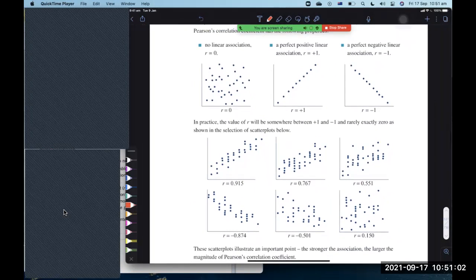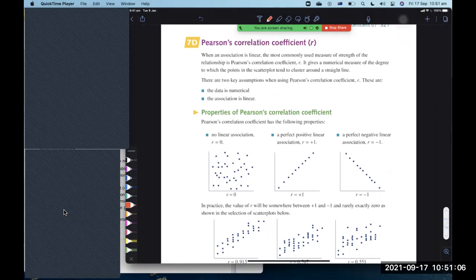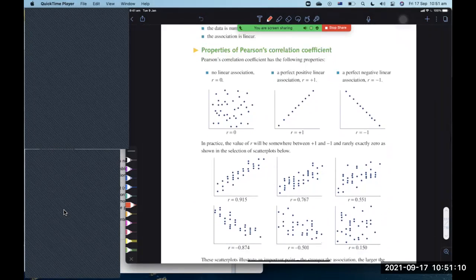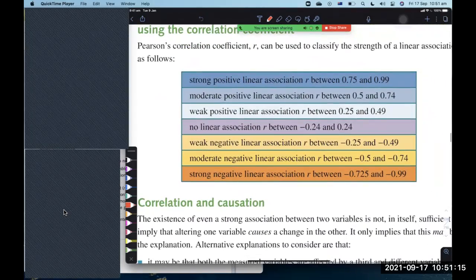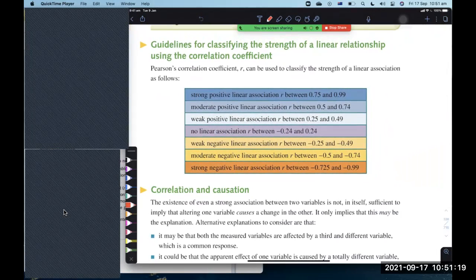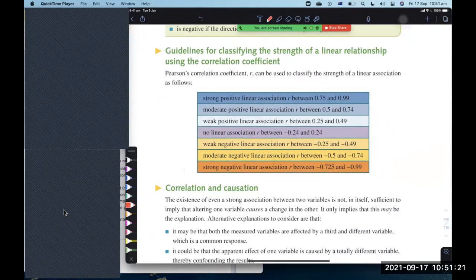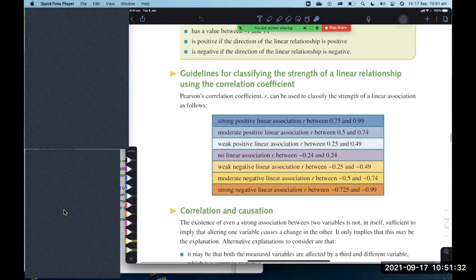So just to give you a bit of a taste tester, you can see that we look at R values, and this here is very, very helpful, okay? It gives you an idea of what the R value will tell you. And you can see it's ranging from strong negative all the way to strong positive, and with no linear relationship between them as well.